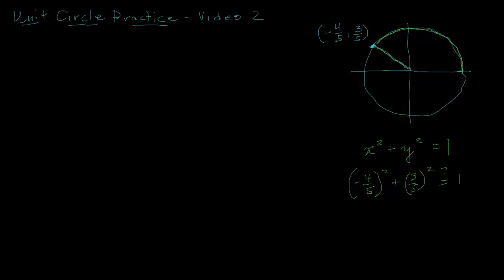Well, -4/5 squared is positive 16 over 25, and 3/5 squared is 9 over 25. So when we add those, we have a common denominator, so we have 25 over 25, which is equal to 1. So yes, when you square the coordinates and add them together, you do get 1.